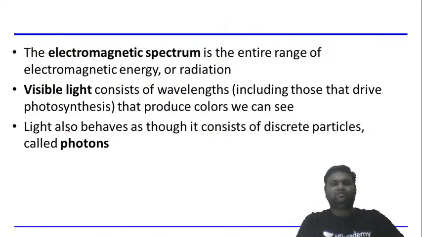Visible light consists of wavelengths that produce colors we can see. Light also behaves as though it consists of discrete particles called photons.